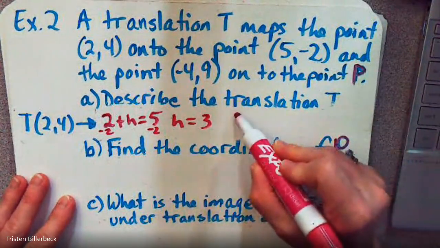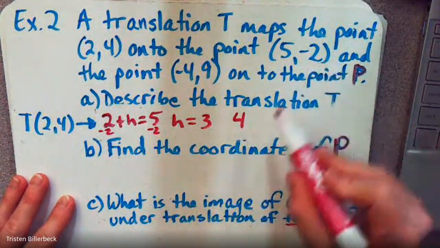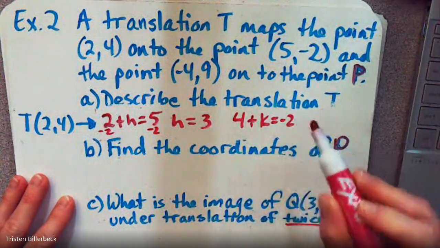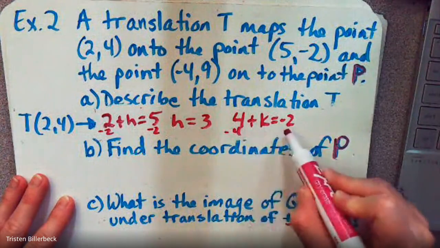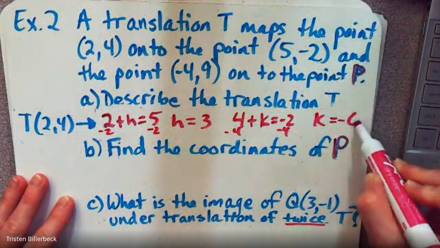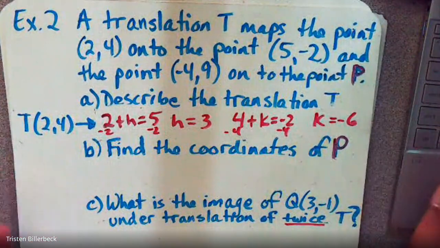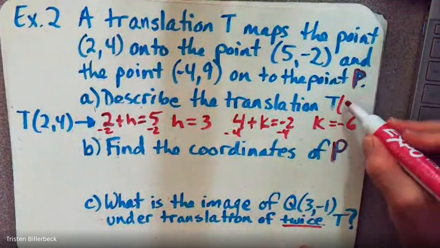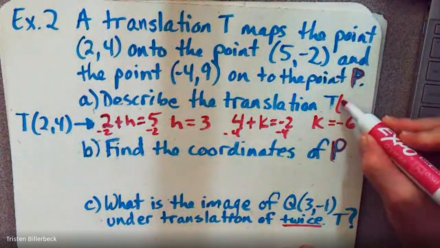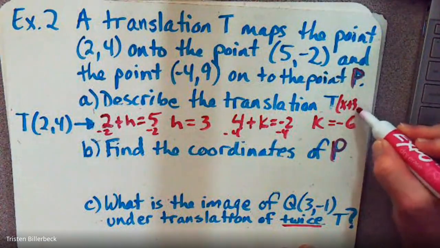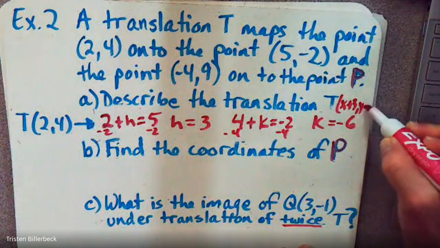If we take 4, and that's translating to -2, then 4 plus k equals -2, and we subtract 4 from both sides, so k equals -6. So our translation will be (x plus 3, y minus 6).